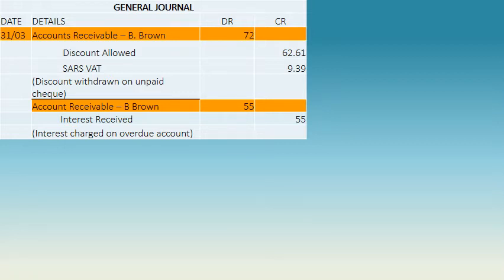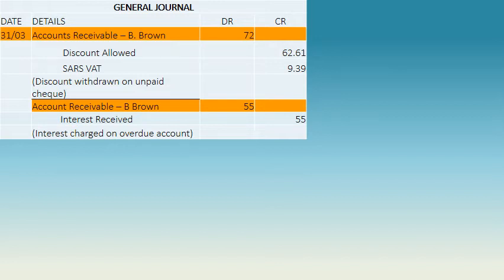The contra entry to this amount will be the discount allowed account, which must be credited with an amount of 62 rand 61 cents, and the SARS VAT account, which should be credited with an amount of 9 rand 39 cents. Narration reading as discount withdrawn on unpaid check.